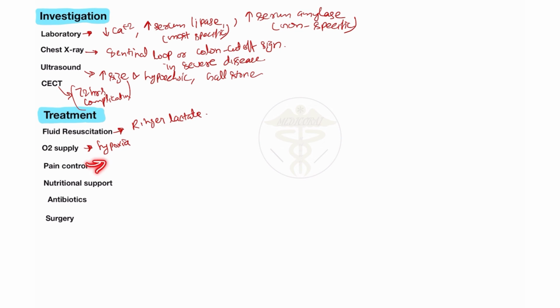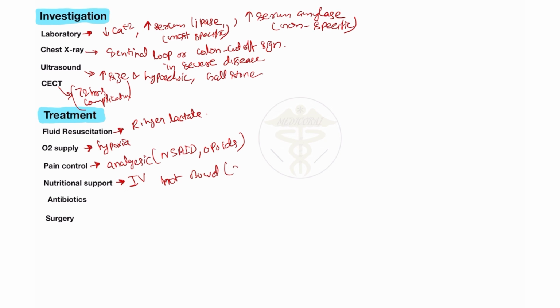For pain control, we provide painkillers like analgesics, NSAIDs and opioids. And also nutritional support. But please learn that nutritional support is only by IV fluid, not bowel nutrition. Why?